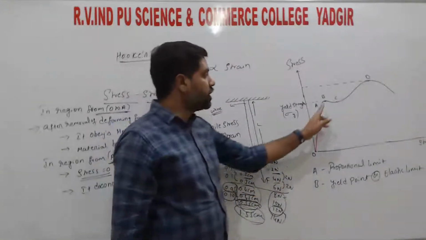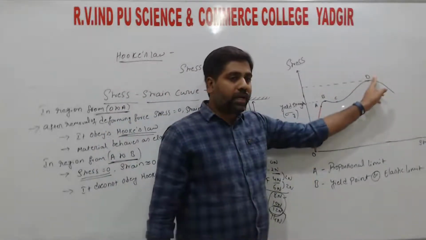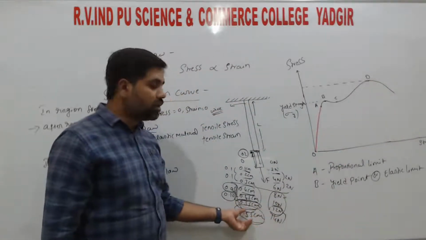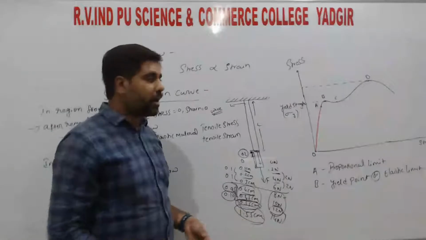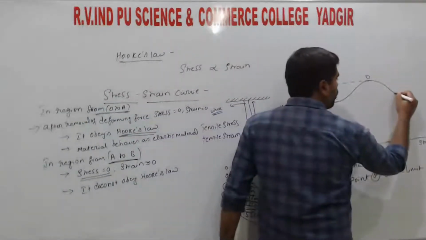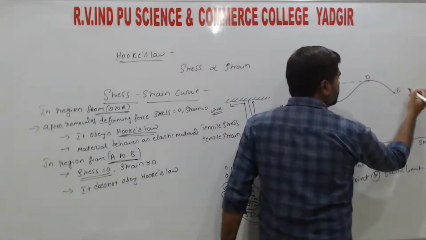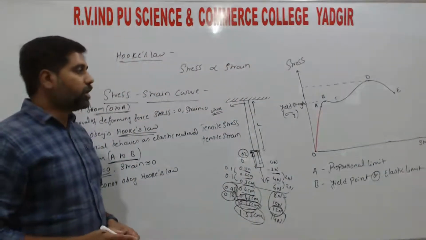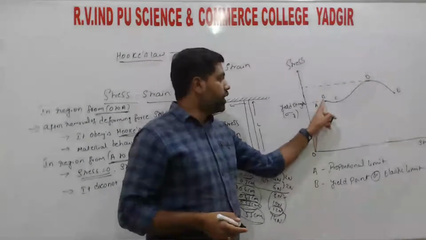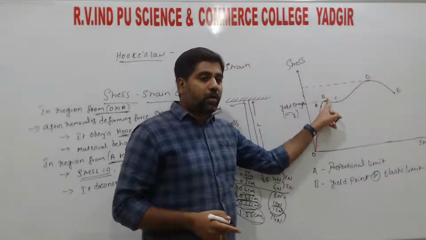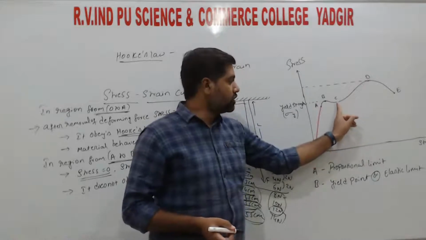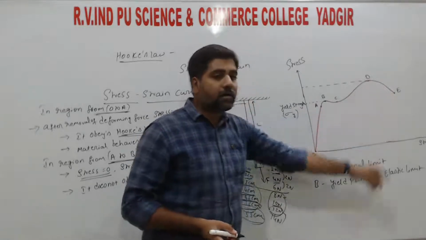That is, from the region B to D, for a small change in stress we are getting a large strain, right? Here one more point becomes point E, so here we are getting 5 points. A is the proportional limit, B is the yield point or elastic limit, then C, D, E. Now we are going to discuss points C, D and E, right?